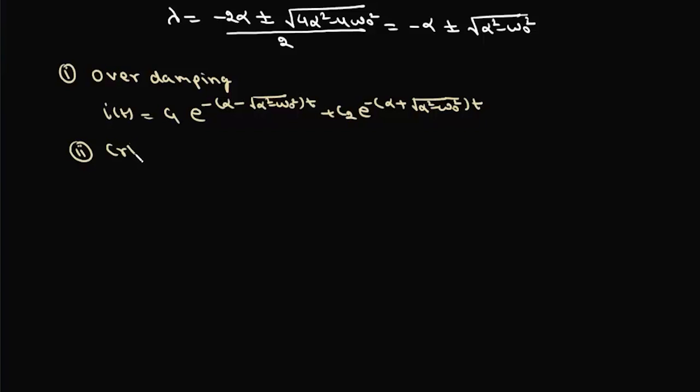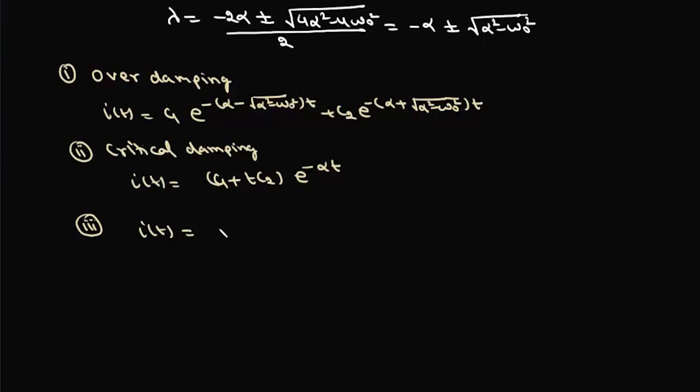Second case was critical damping, in which i(t) is of the form C1 plus tC2 e to the power minus alpha t, and this third one is i(t) is e to the power minus alpha t times C1 cos omega 1 t plus C2 sin omega 1 t.